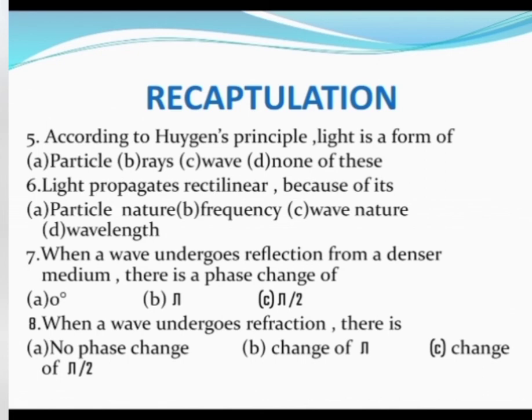So B is the right answer. In question 8, when a wave undergoes refraction, there is: A option no phase change, B option change of pi, C option change of pi by 2. In refraction of light, incident wavefront and refracted wavefront are in the same phase. So the right option is A, no phase change.